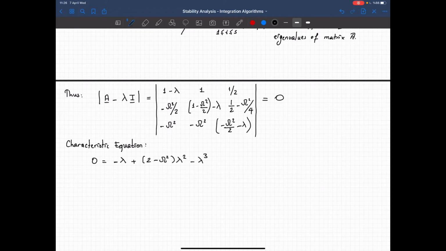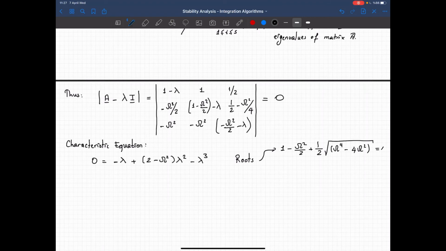The roots of this equation, which is a cubic polynomial, are as follows. The first eigenvalue is 1 minus omega squared over 2 plus 1 over 2 square root of omega to the power 4 minus 4 times omega squared.